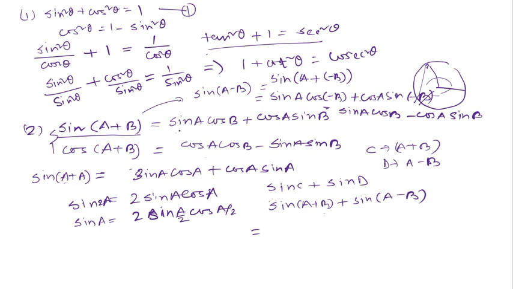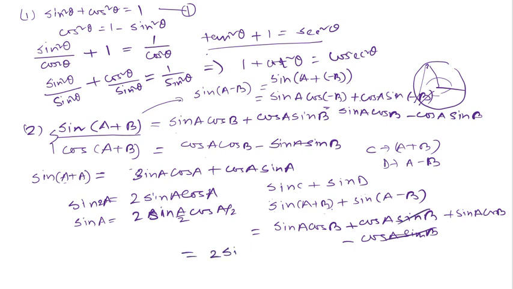Sin (A plus B) equals sin A cos B plus cos A sin B. So sin (A plus B) plus sin (A minus B) becomes sin A cos B plus cos A sin B plus sin A cos B minus cos A sin B. This cancels and we have 2 sin A cos B. Now what is A?